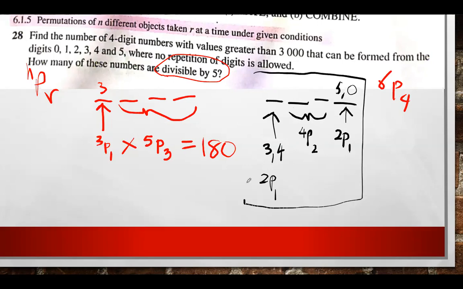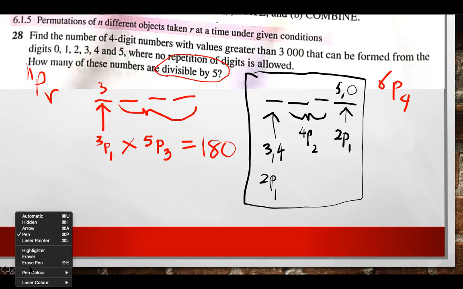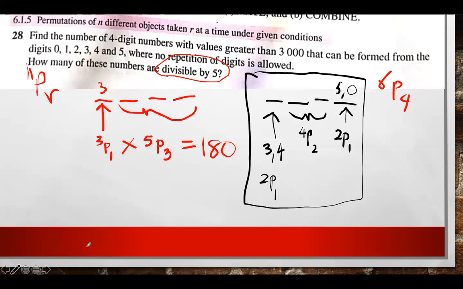But the problem is the other set happens because this number must be number 5. I'm going to change color to show you the other set. I'm going to use blue. So this is 1, 2, 3, 4. Now I say the front number here must be 5, because I already considered 3 and 4.